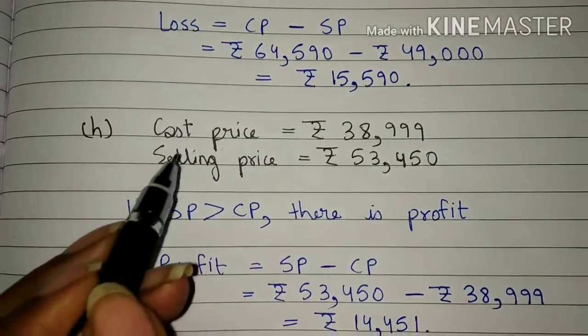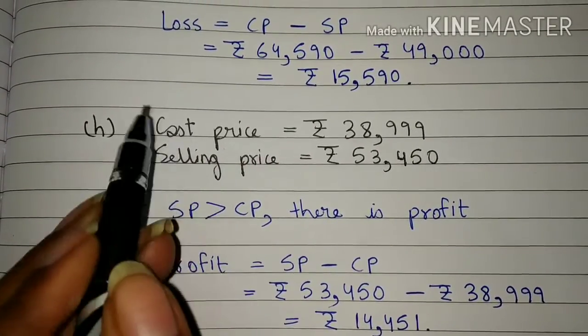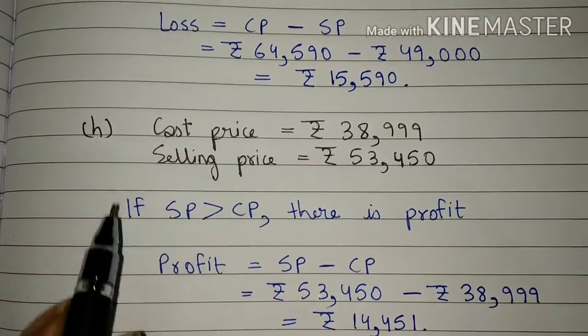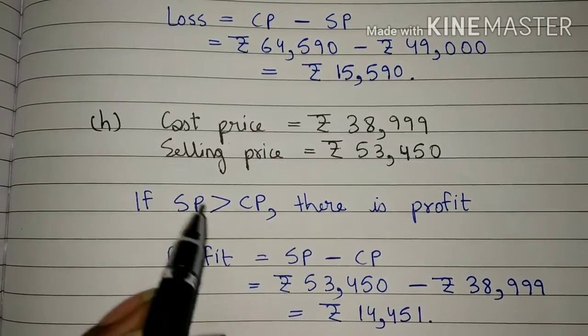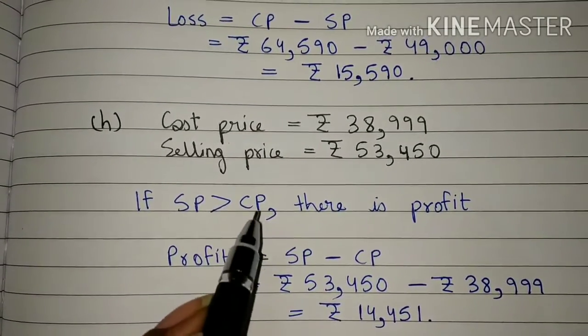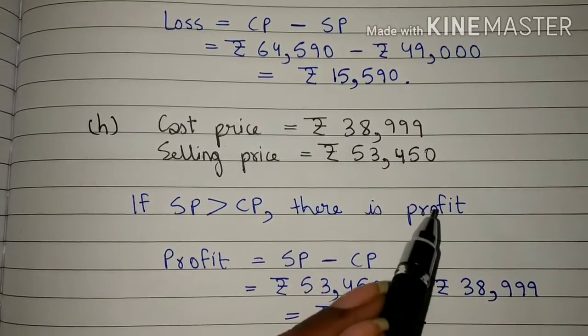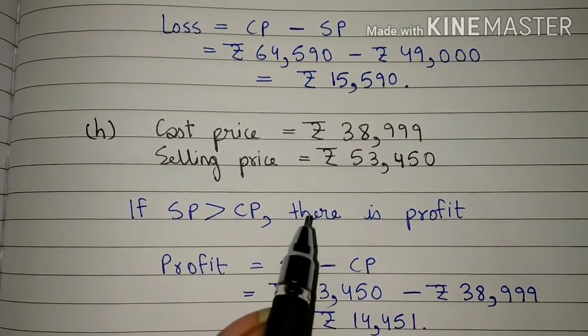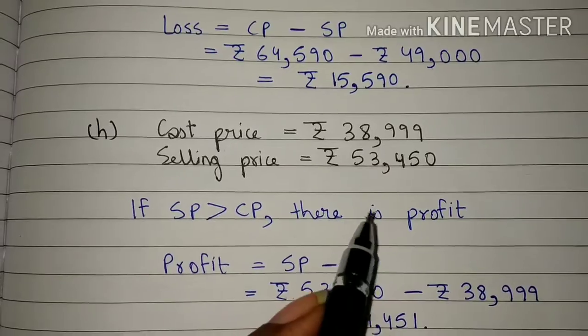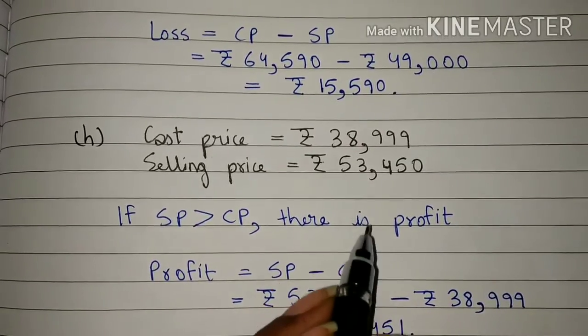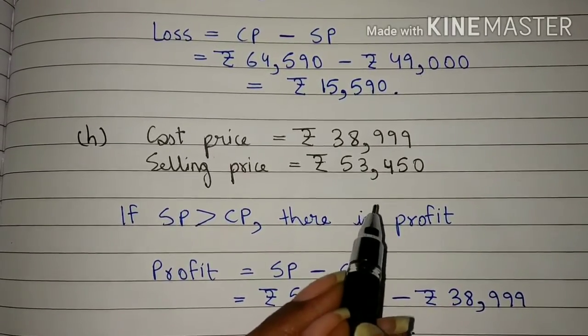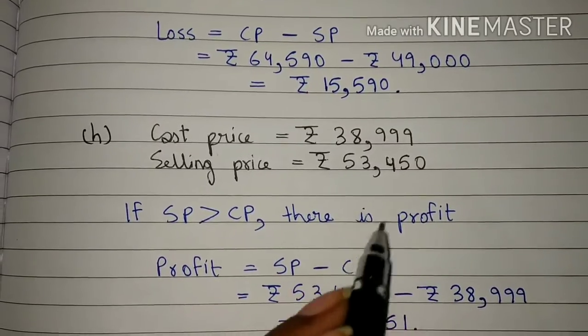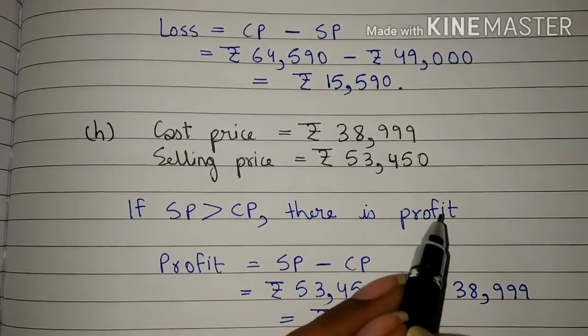It means selling price is greater than cost price. Students, we know that if selling price is greater than cost price, then there is profit. So students, in this we have to calculate profit and we don't have to find out loss.